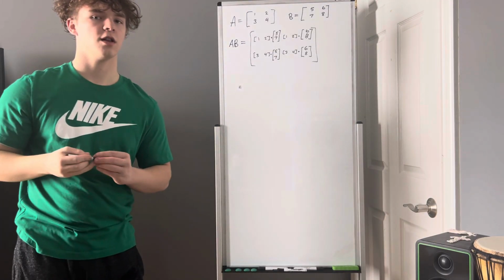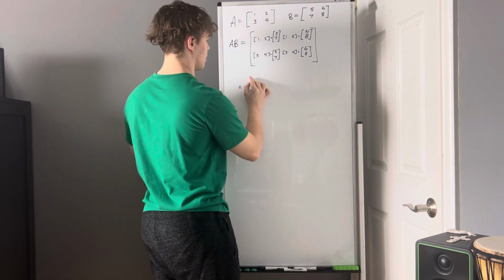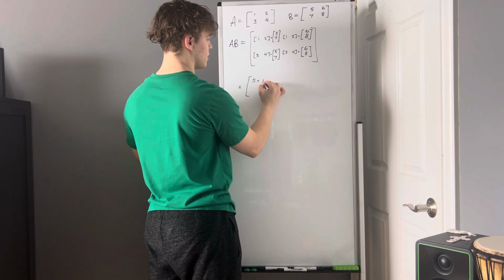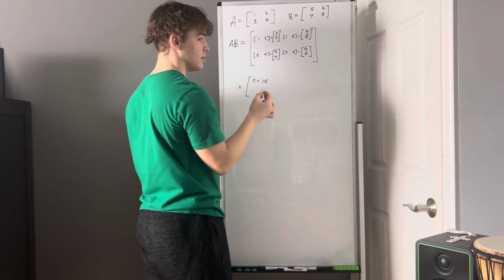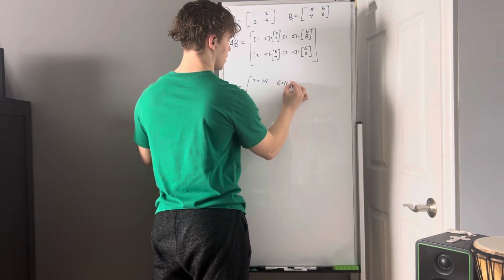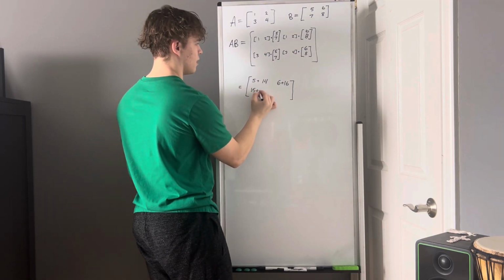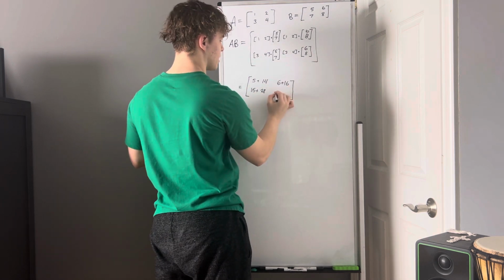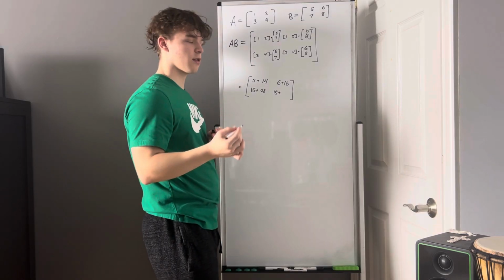And we will use our knowledge of dot products that we just acquired. 1 times 5 is 5, plus 2 times 7 is 14. 1 times 6 is 6, 2 times 8 is 16. 3 times 5 is 15. 4 times 7 is 28. 3 times 6 is 18. 4 times 8 is 32.